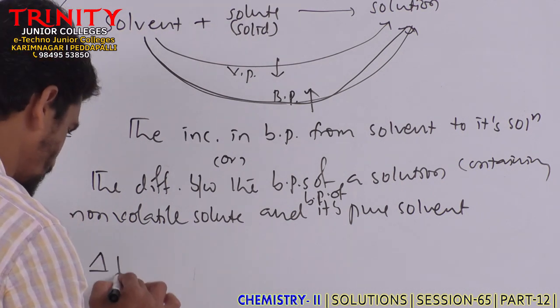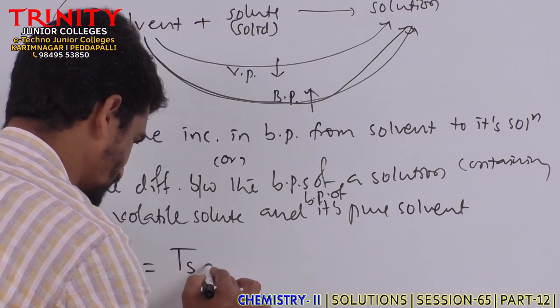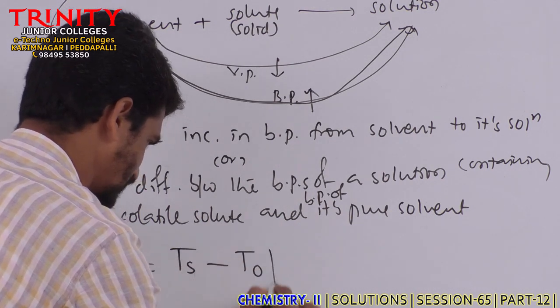So elevation in boiling point, delta TB, equals boiling point of solution minus boiling point of solvent.